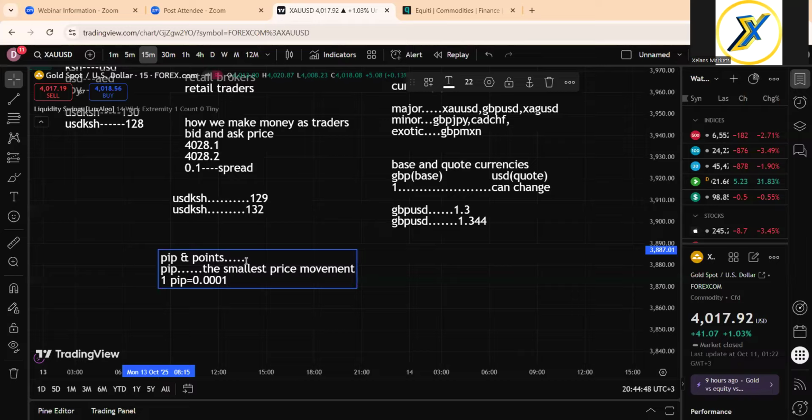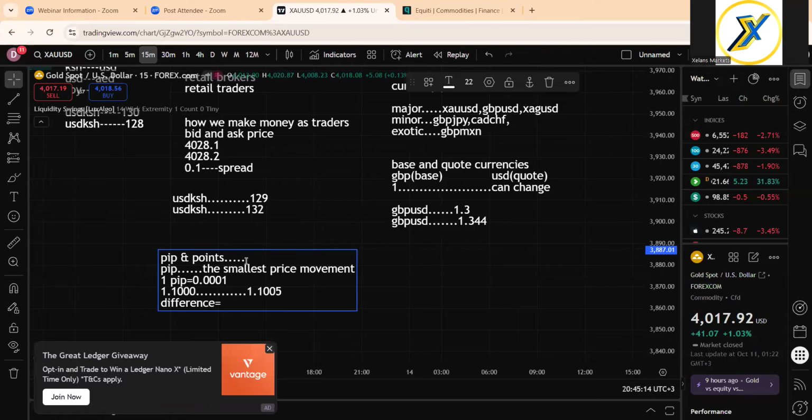All right. So if a currency pair is at 1.1000, for example, and moves all the way to 1.1005, the difference is 0.0005. That's the difference. So we say that it has moved 5 pips.